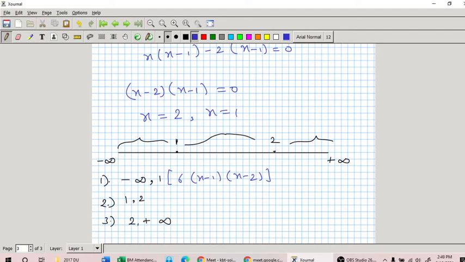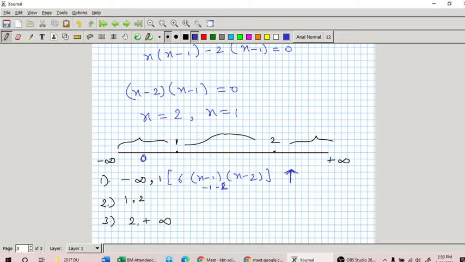When we put 0, which falls in this interval, we get minus 1 and minus 2, so this will become a positive one.